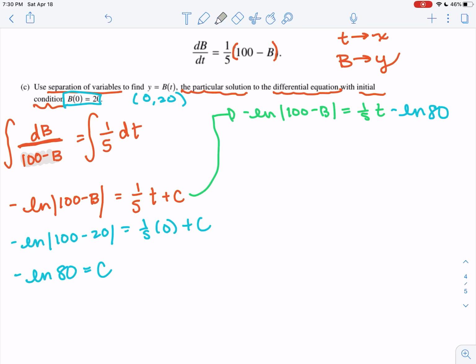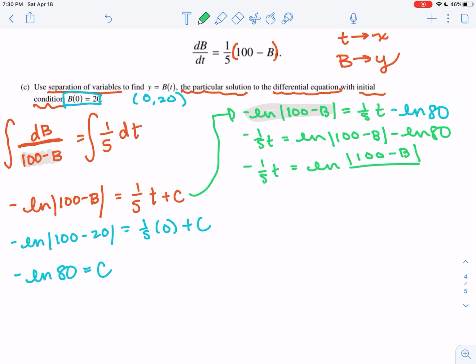And I also prefer to get this log to be positive since it has what I'm solving for in it. So I'm going to get logs on the right side. Okay, why did I do that? Well, now I can condense the logs using the quotient rule for logarithms.